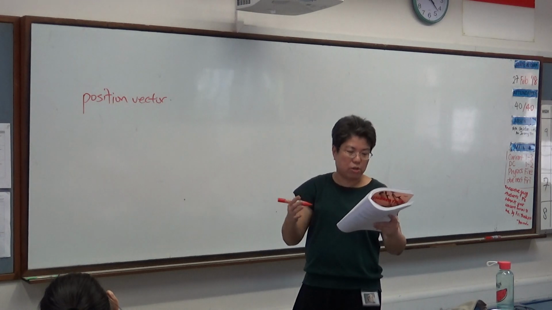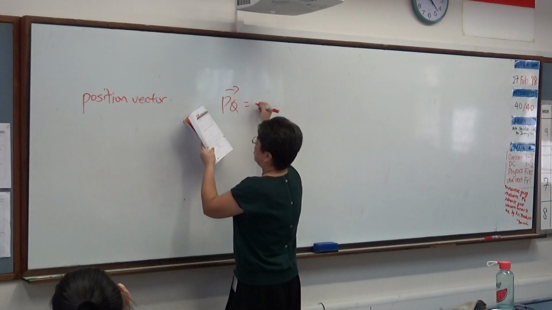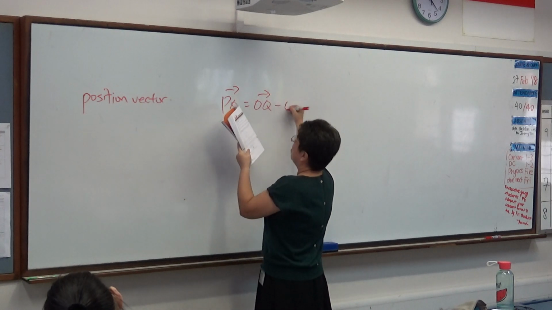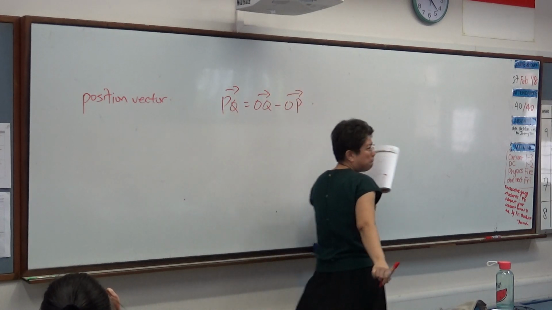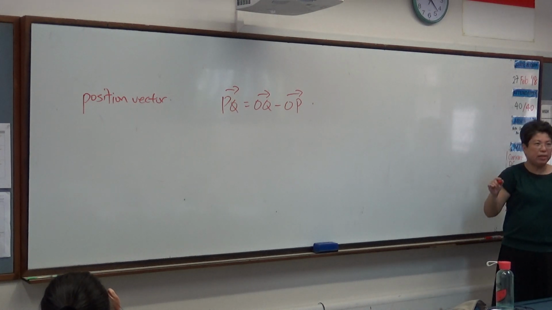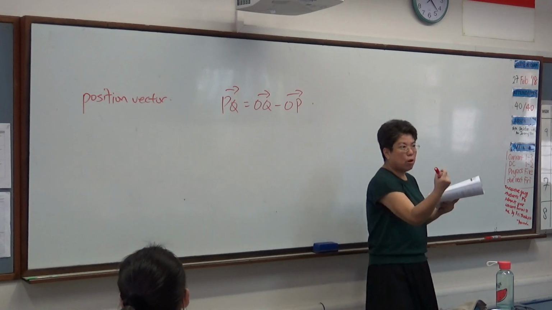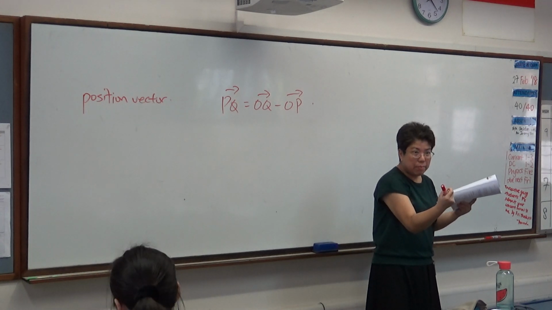The rest you can read through it yourself. Now, do you agree that PQ is OQ minus OP? Yes. Okay, now, for position vector, it's always O, because it's with respect to the origin. Understand what I'm talking about?